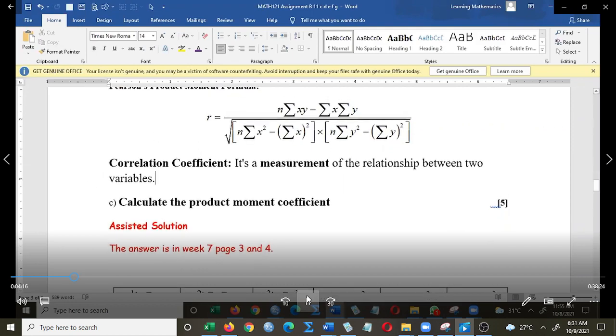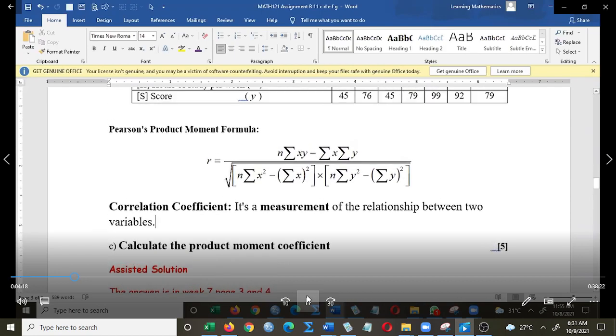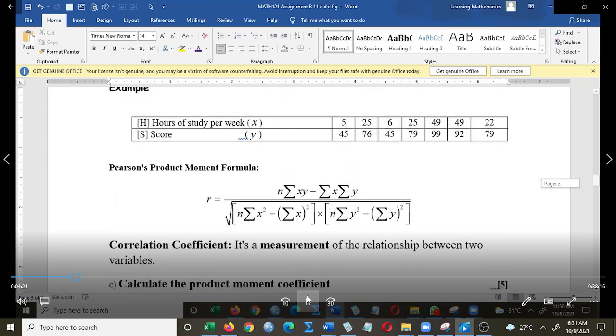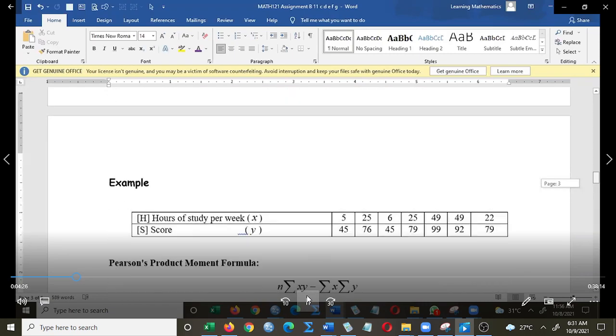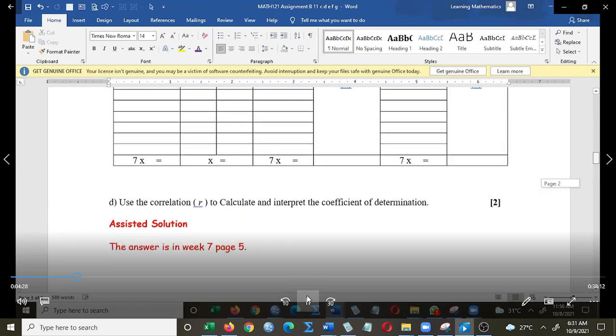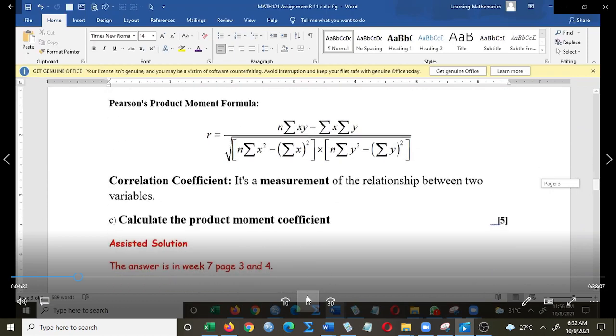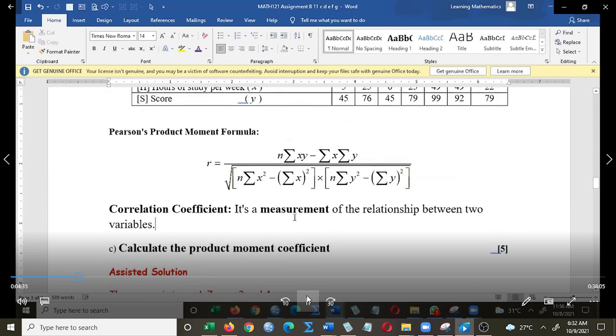What other formula do we use to measure correlation in this course, apart from Pearson's? Anybody? Here we analyze how to measure correlation using Pearson's product moment, but we did analyze correlation using another formula.